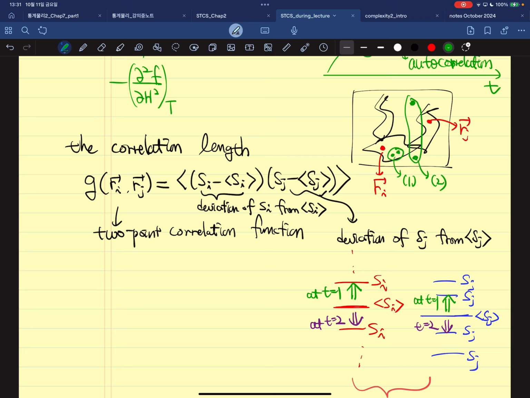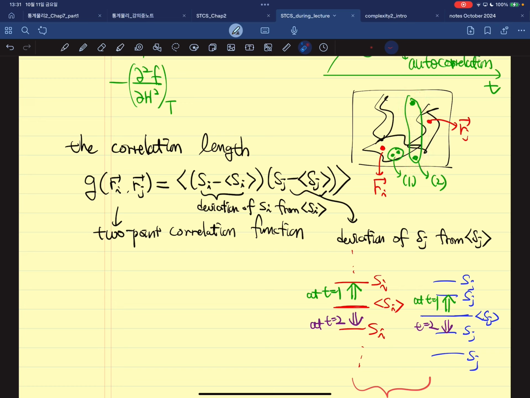It's a simple question, because the fact that two spins are close together means there is a higher chance that they are moving together. In some extreme cases they are adjacent to each other, so they directly interact with each other.